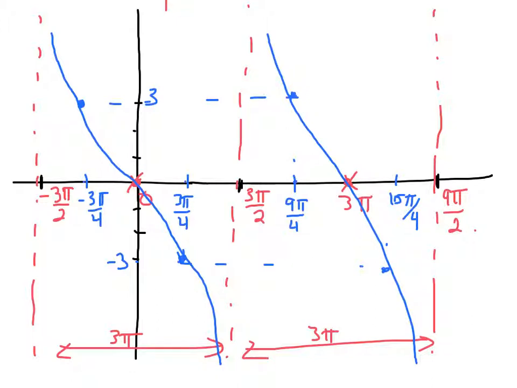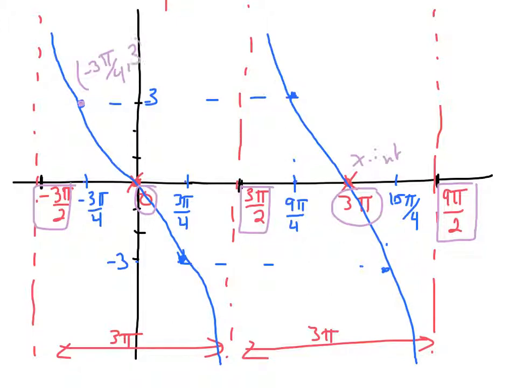The points we need to label are important. Those are your asymptotes. The x-intercepts are going to be 0 and 3 pi. This point right here, we have to label as negative 3 pi over 4, comma 3.